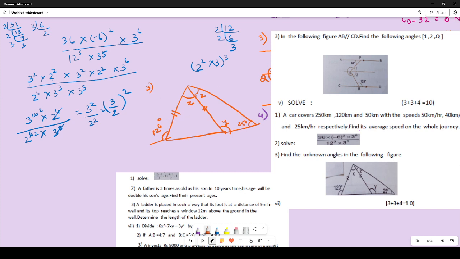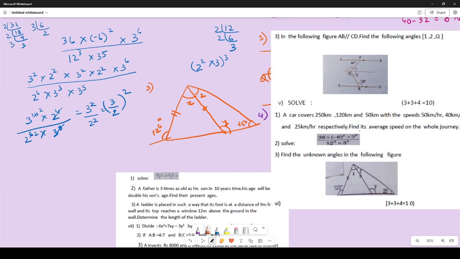So this triangle is an isosceles triangle, right? So it means that these two angles will be the same. So if this is 120 degrees, this will be what?